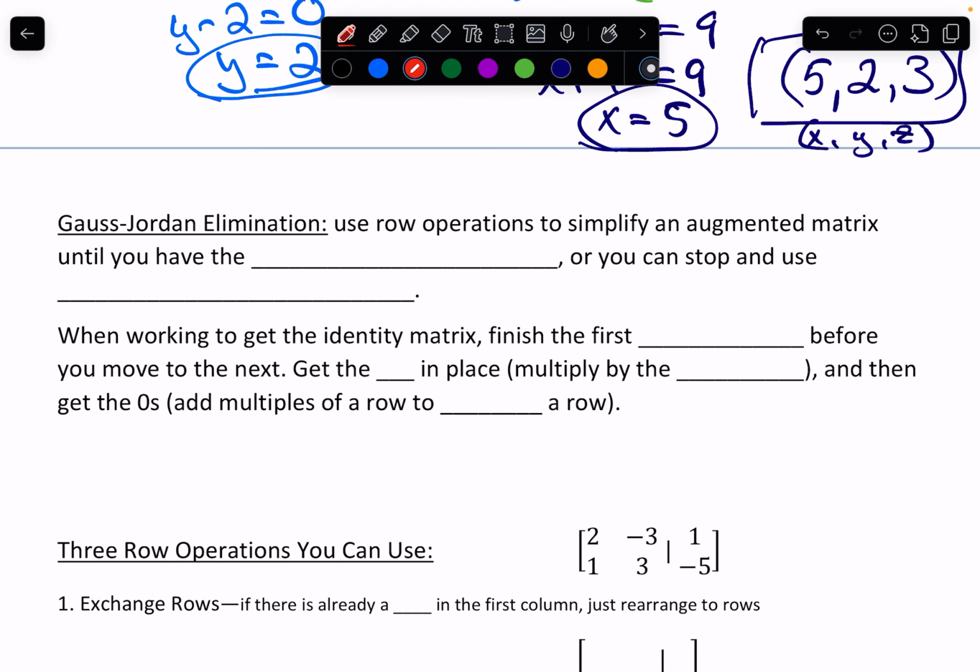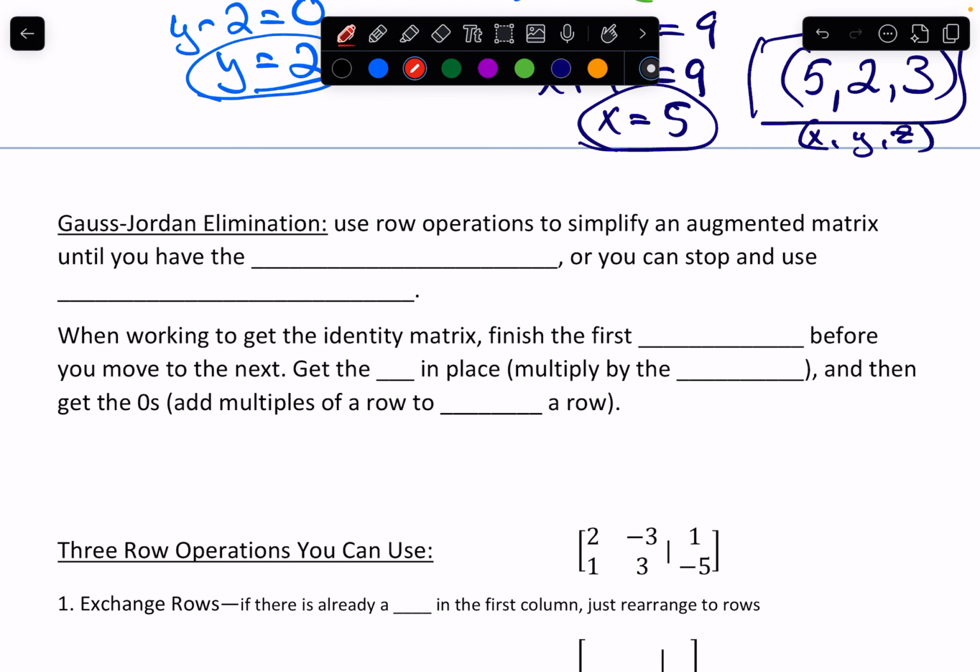Our row 1, as you can see here, has not changed. So we're keeping that the same because we want the 1 where it is. Our goal is to get a 0 in that second row, first column. So we want to multiply row 1 by a negative and then add row 2 to it.